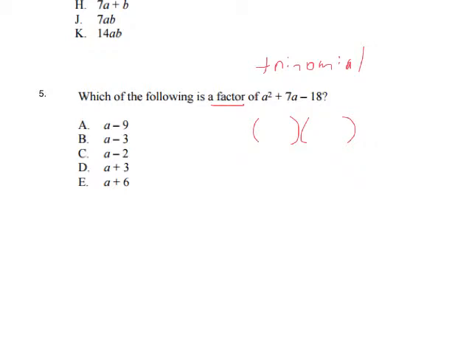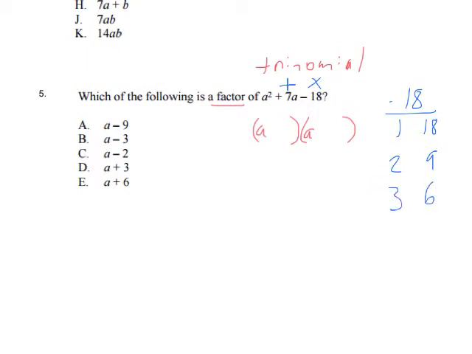So really, ignoring the a's for a second, because a times a is going to be a squared, and all of the answer choices have a in them, so that's not really helping. What we're looking for is what two numbers multiply to make negative 18 that add to the middle number 7.